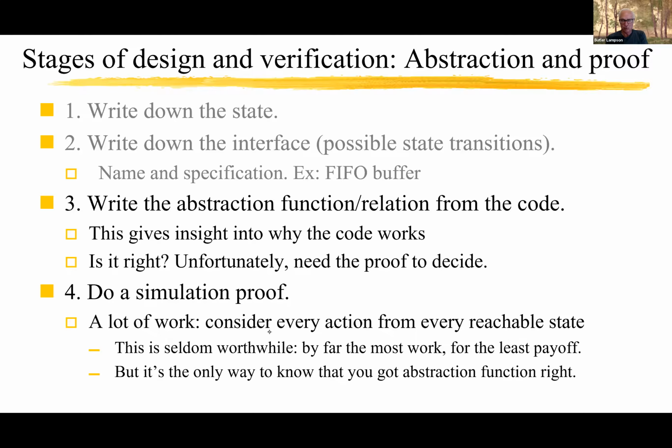Because doing the complete proof is usually not going to be worthwhile. And in fact, my personal opinion is, as you go down this sequence of steps 1, 2, 3, and 4, each successive step is more work and delivers somewhat less value. And the fourth step is by far the most work and delivers by far the least value.